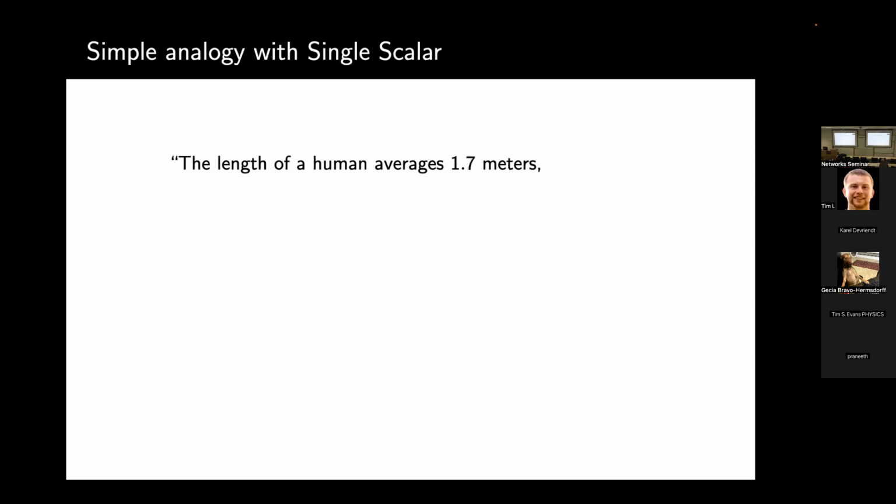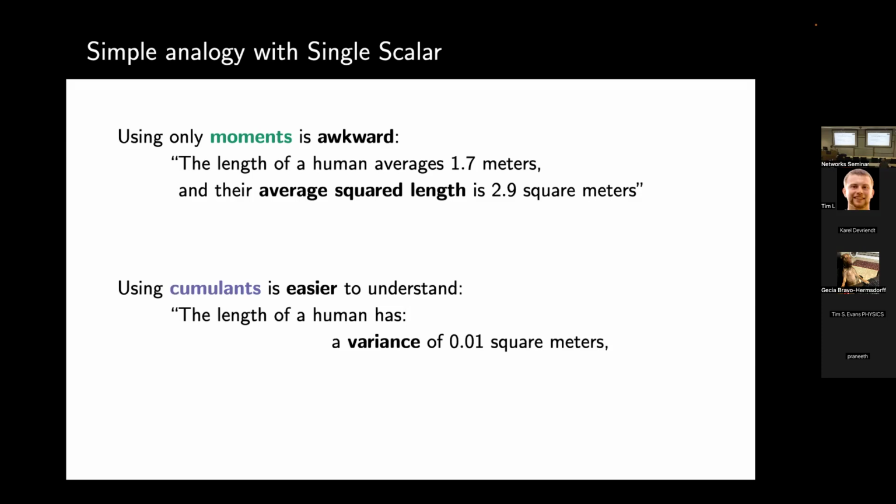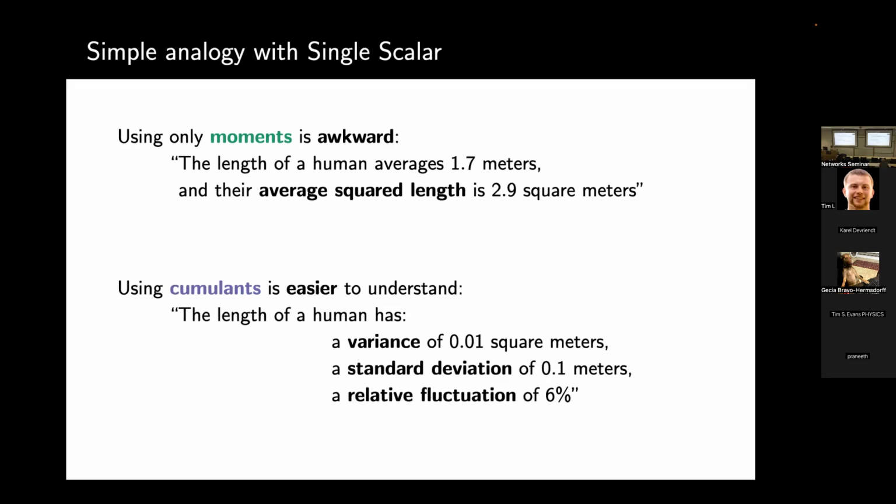Now, if you describe the distribution in terms of moments, at second order you would be talking about the average squared height of a human. That's not very interpretable, and that's also not what people normally do. Normally you would look at the variance, or, to put it in the same units, take the square root to get the standard deviation, or scale that by the mean to get the relative fluctuation.